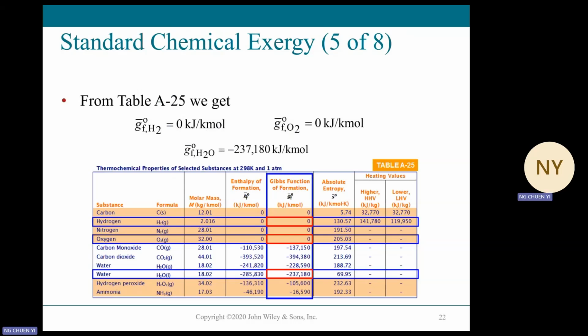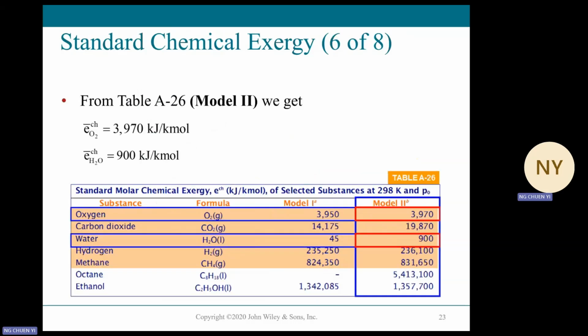If you compare this with the published standard value in table A26, which is 831,850 kilojoules per kilomole, you will see they are almost identical. So this shows that our basic equation works beautifully and gives a highly accurate result.